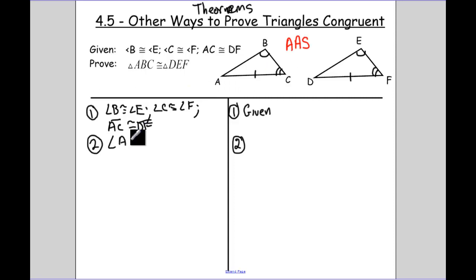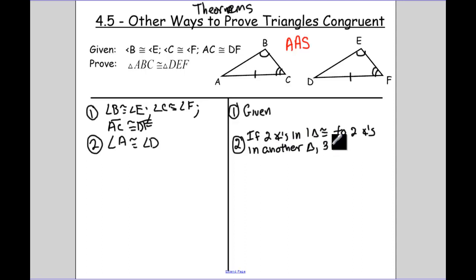So I know angle A is going to be congruent to angle D, because if two angles in one triangle are congruent to two angles in another triangle, then the third angles are going to be congruent.